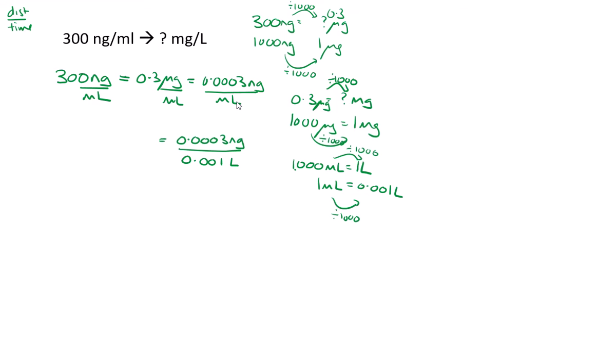So I've just replaced a milliliter with 0.001 litres. So now, if you want, you can use your calculator to do this. 0.0003 divided by 0.001. Just give you a moment to do that on your calculator. And you should get 0.3 nanograms per litre.